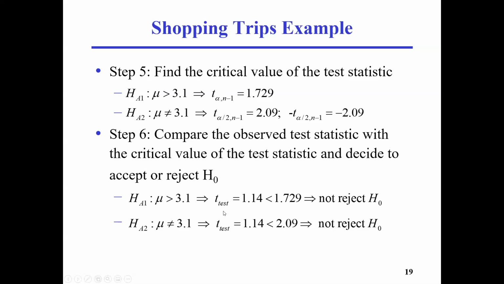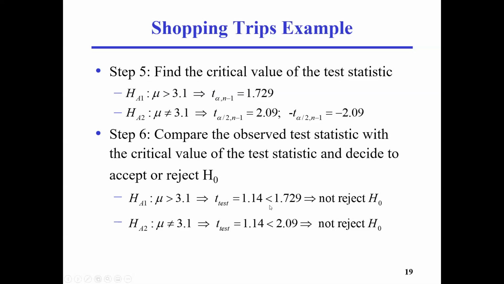Step 6, similar to the z-test or one sample hypothesis testing with large samples, we compare the test value with the critical value separately. So 1.14 is the test value, it doesn't change. According to your alternative hypothesis, is it one-sided or two-sided? You compare that test value to different critical values.